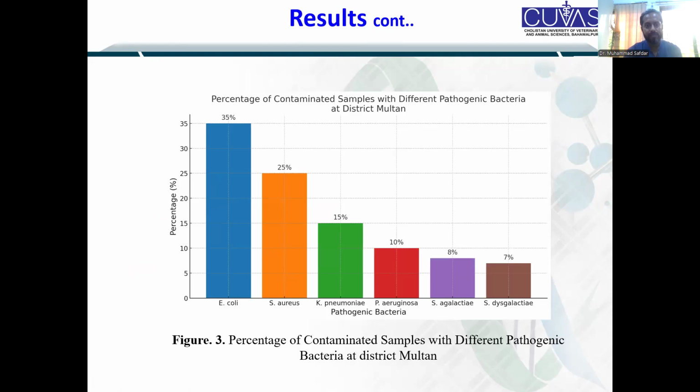Then we calculated percentages of samples contaminated with different pathogenic bacteria in Multan district: E. coli was 35%, SRS 25%, pneumonia 15%, and others were 10, 8, and 7%.